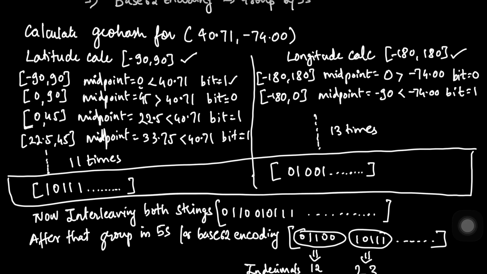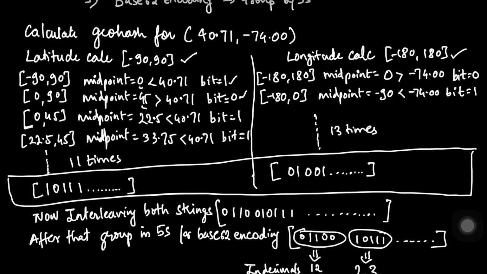Once the bit is 1, we reduce the search space, which now becomes from the midpoint to the higher point, which is 90. So it becomes 0 to 90. Again we calculate the midpoint, which is going to be 45. We check if 45 is lesser than 40.71, which it is not, so the bit is 0. We just have to remember that if the midpoint is greater than the coordinate, then the bit is 0, otherwise the bit is 1.